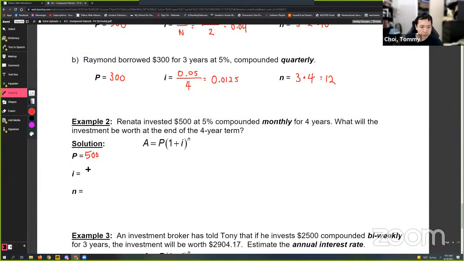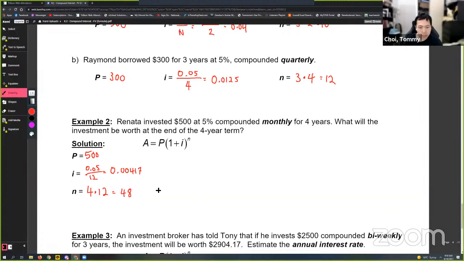Our interest rate is going to be 5% or 0.05 divided by 12 this time because it's monthly. And that's going to give us 0.00417. And our duration is going to be 4 years times monthly, which is 12, which gives us 48.